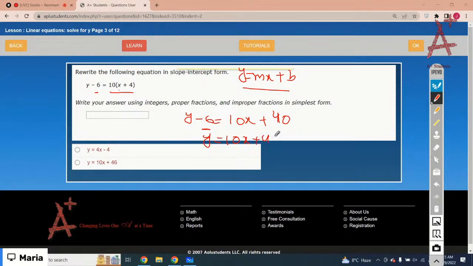It would be positive 6. Got it? So y equals 10x plus 46. Got it? The equation is y equals 10x plus 46. So second option is the correct one. Just select the correct option and click on the OK button.